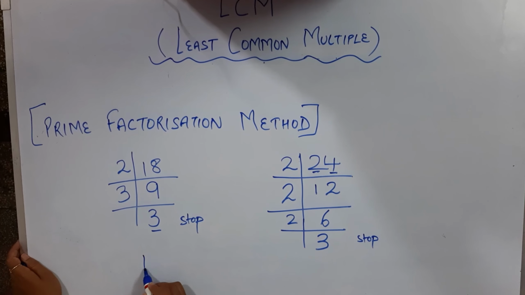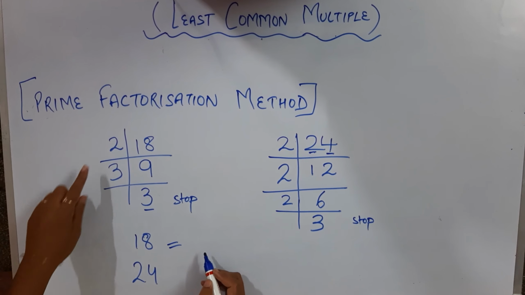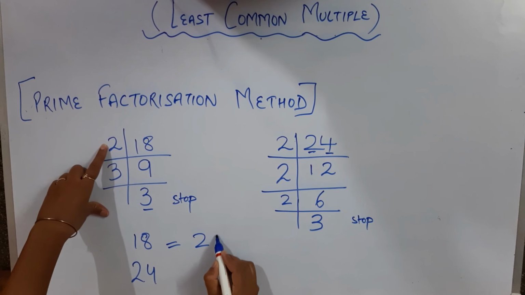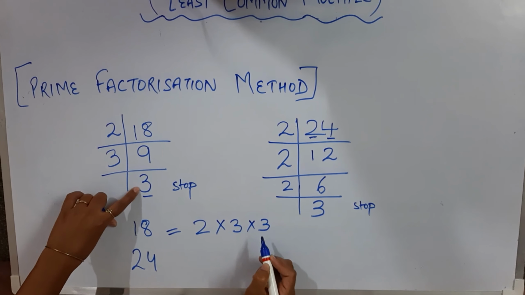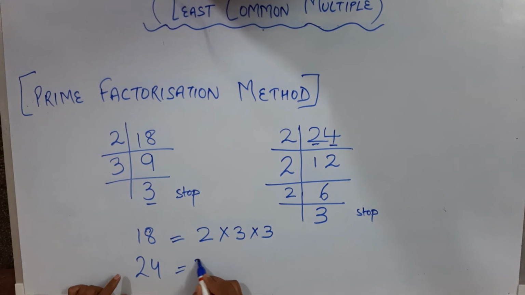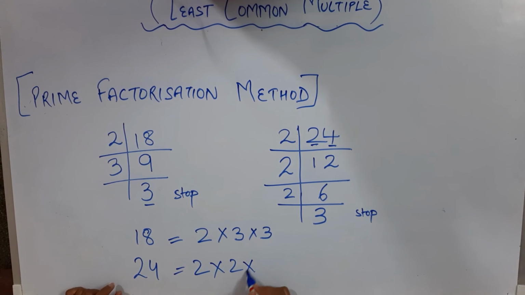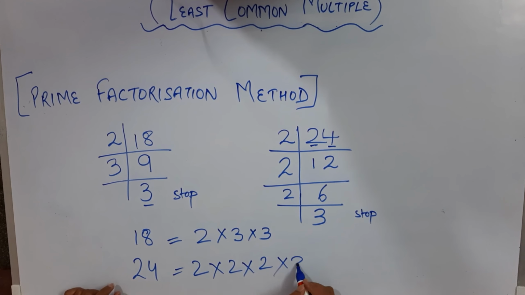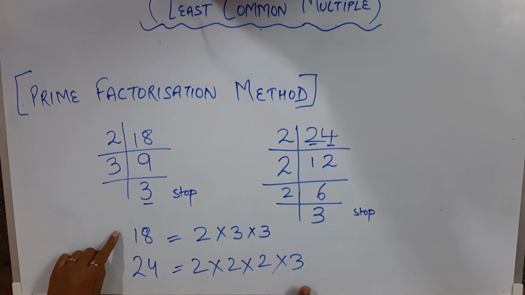Now I'll write down them, 18, 24. What are the prime factors of 18? 2 multiply 3 multiply 3. And what are the prime factors of 24? 2, again 2, again 2 and 3. I have written down all the prime factors of both numbers.